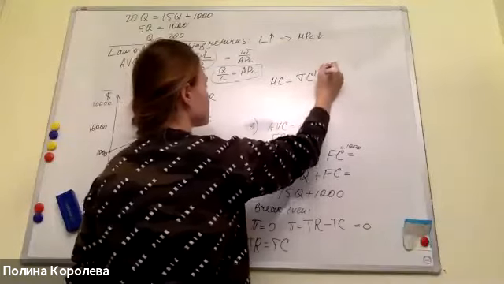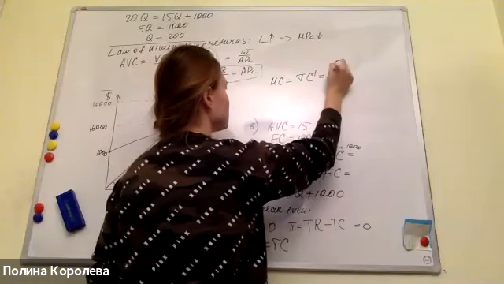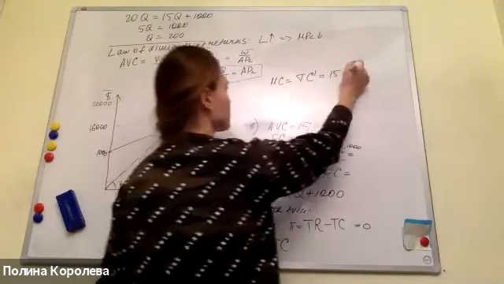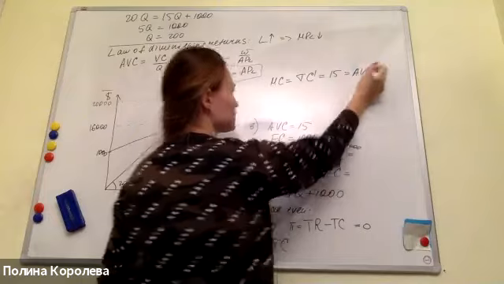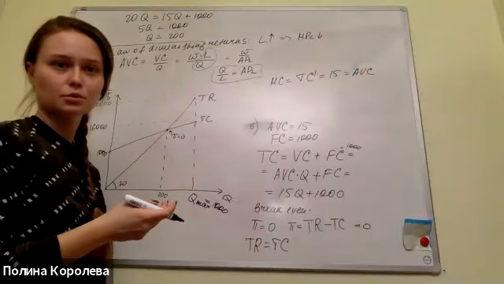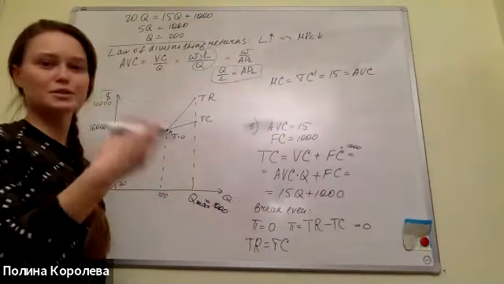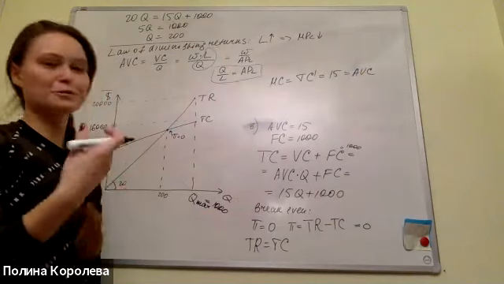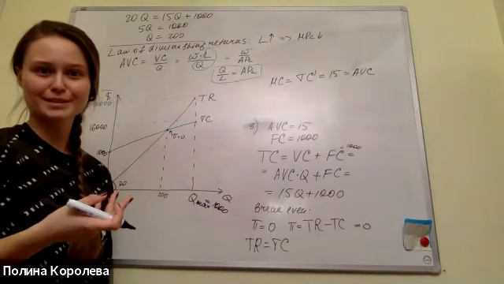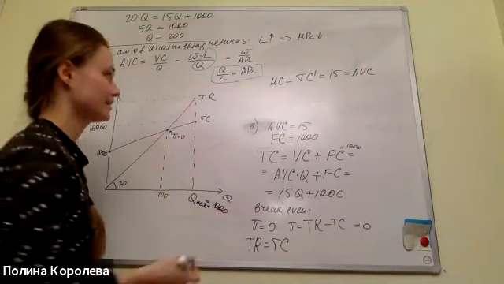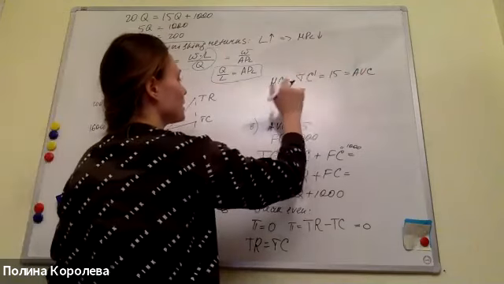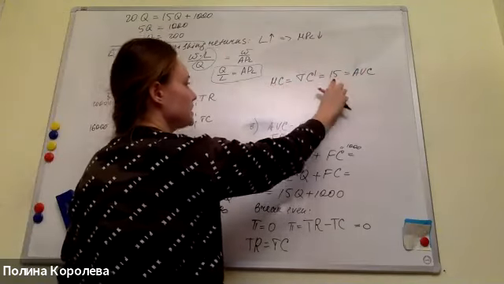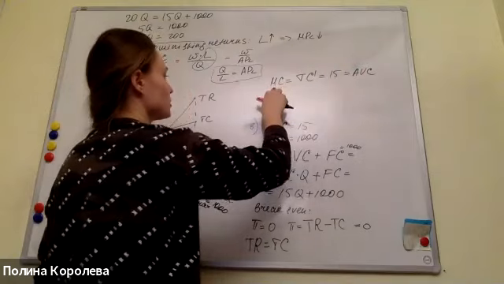Take the derivative of total costs, it's 15. It's the same as average variable costs. Yes, constant. So we pay to workers, each additional worker will increase our costs by 15, by the constant wage. Yes. So this 15 is also marginal costs.